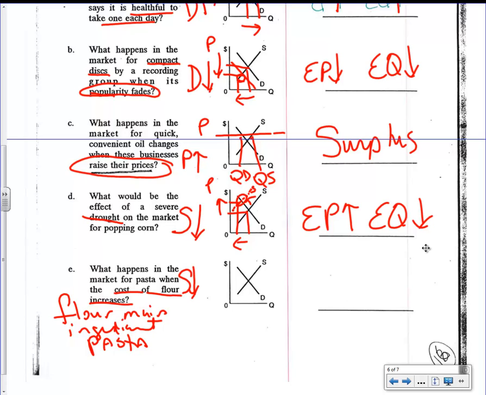Just like the last one, we're going to take the supply curve and shift it back to the left. Here's our new equilibrium. Old equilibrium right there, new equilibrium. Price goes up. Quantity goes down.